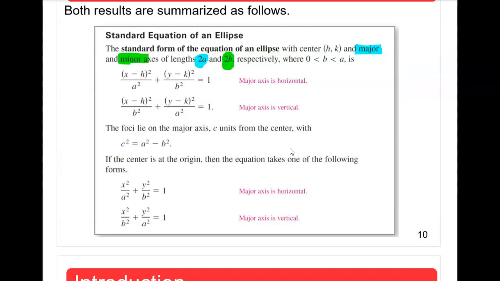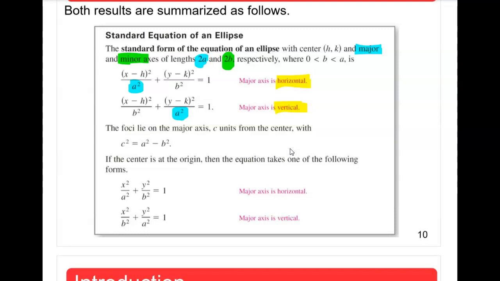So if we have a horizontal ellipse, the A squared, because it's the major one, is going to be with the x. And if we have a vertical ellipse, then the A squared is going to be with the y. And I say with, but specifically it will be in the denominator.